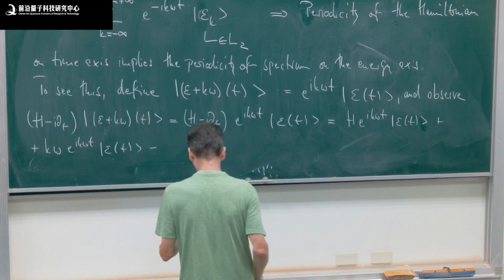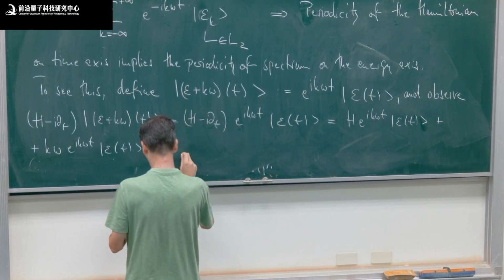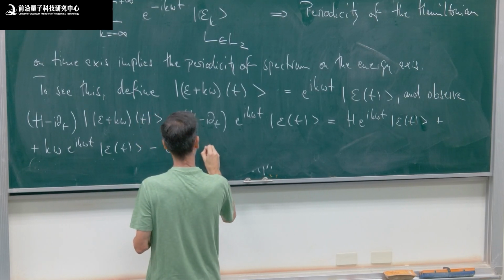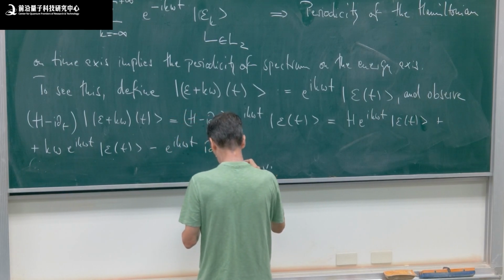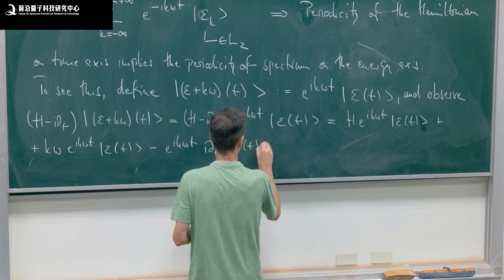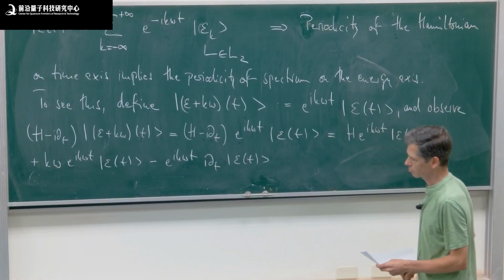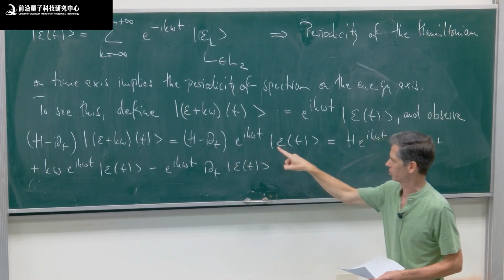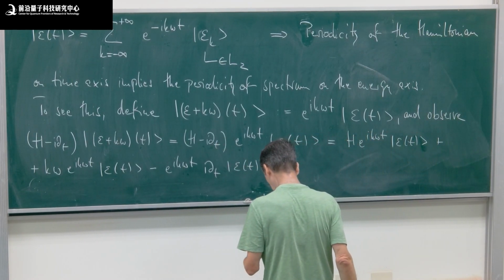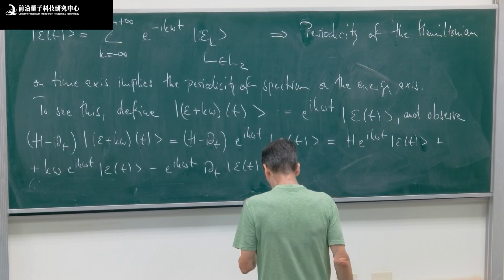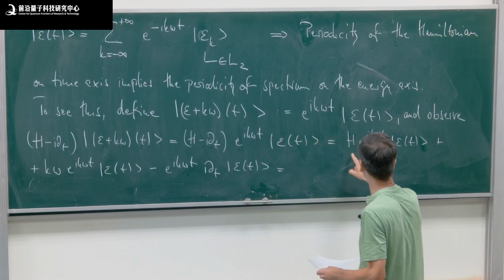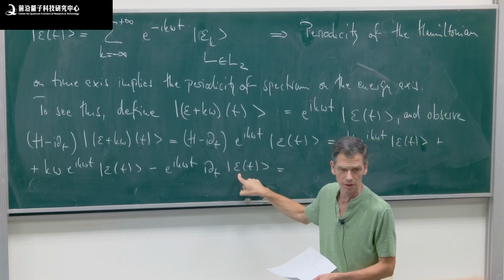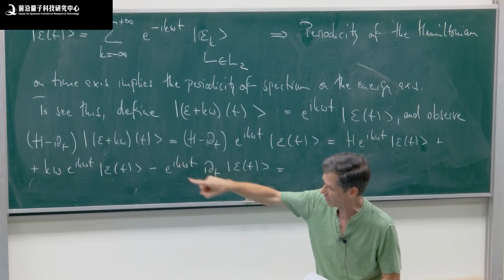minus, this comes from e to the i k omega t i d_t epsilon of t. So first just H, and then the action of this on this product. So I do the product rule again. And now here I have e to the i k omega t times H minus i d_t on epsilon of t. This I can replace by epsilon times epsilon of t.